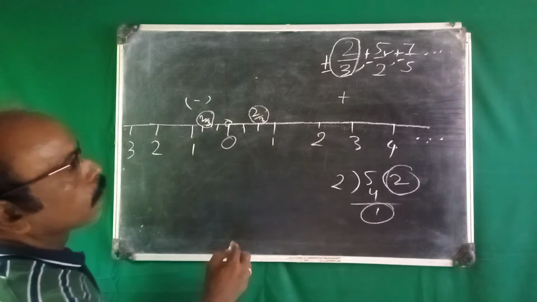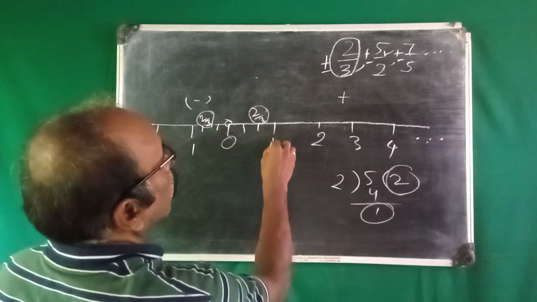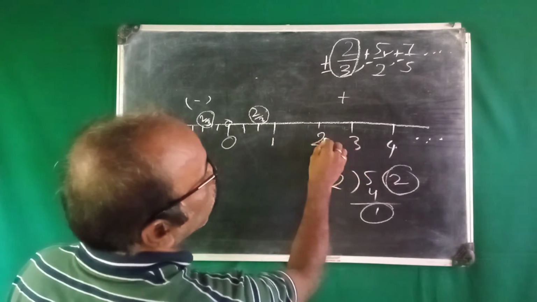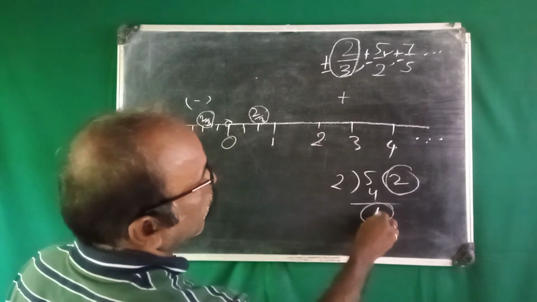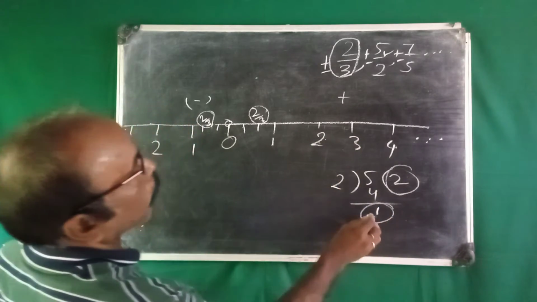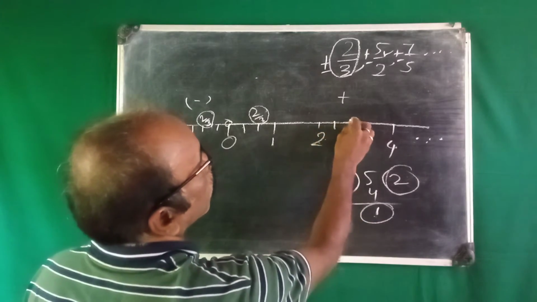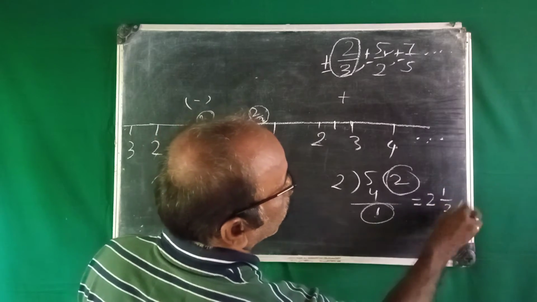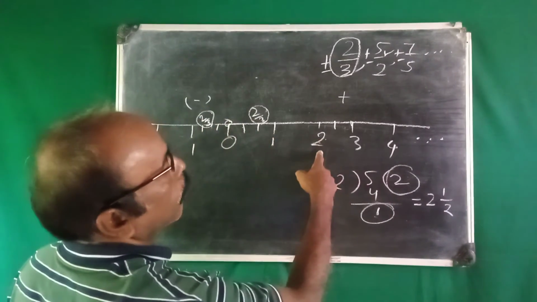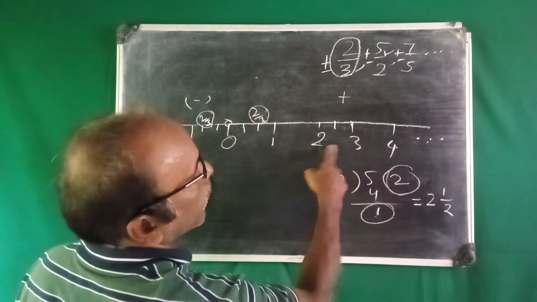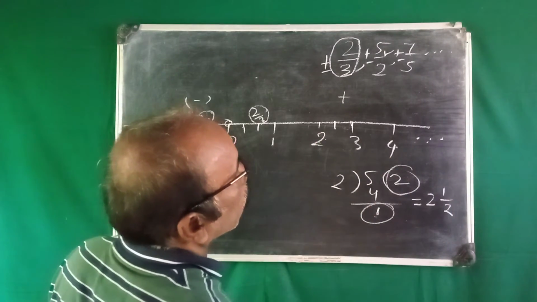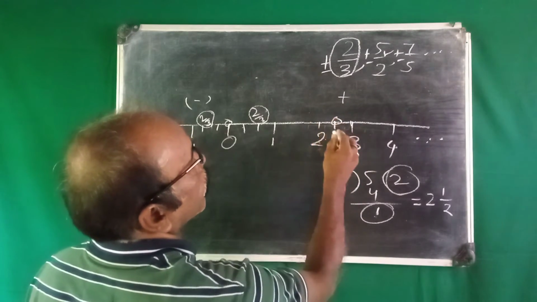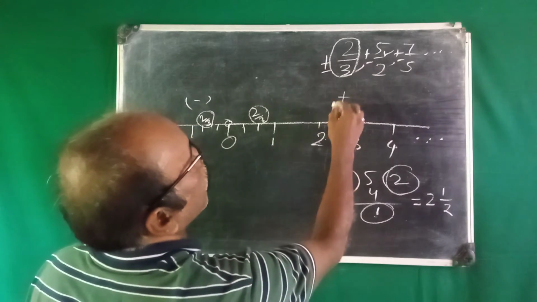So we put 1, 2, and between 2 and 3 we divide it by 2, because this is equal to 2 whole 1/2. Then 2 is the natural number, so between 2 and 3 we divide into halves, meaning 2 equal parts, and put it at this place. This is 5/2.